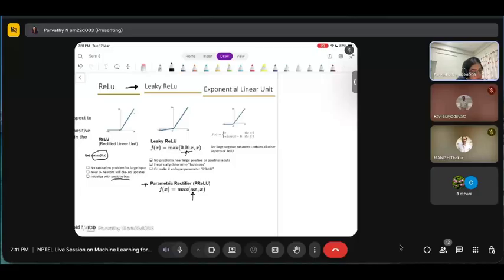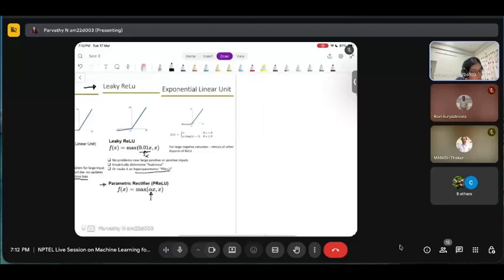For this one, there are no problems near large positive or positive inputs, and empirically it determines the leakiness, so you can make the alpha value a hyperparameter and then tune it for your data set.